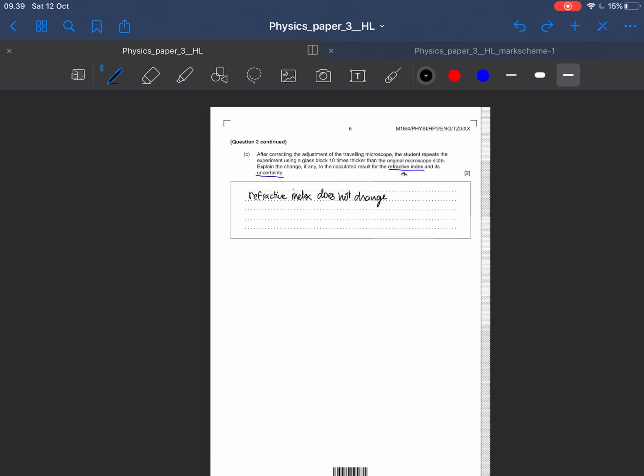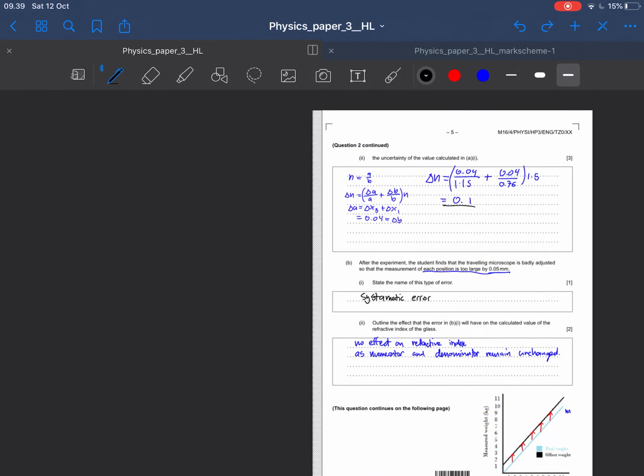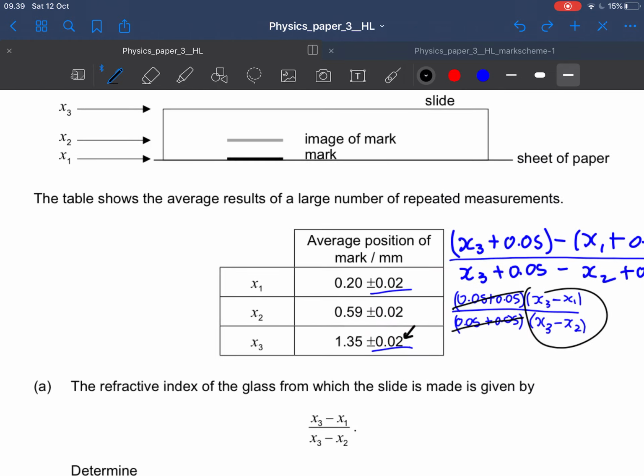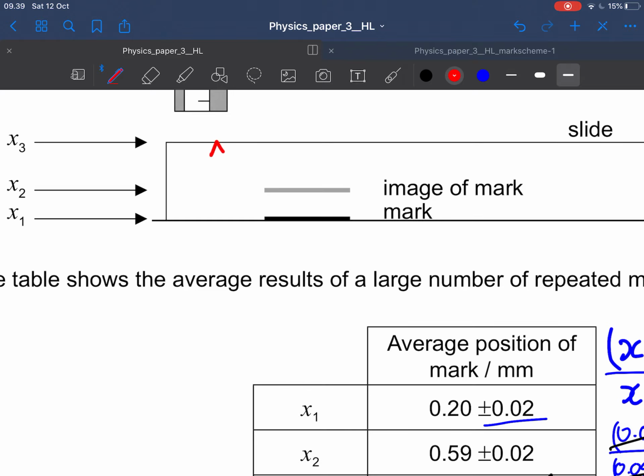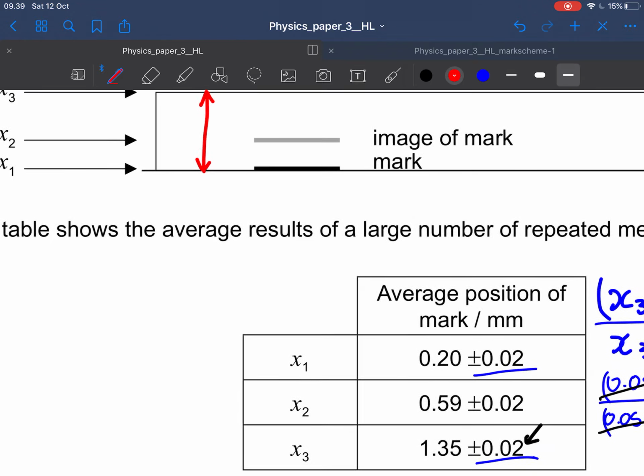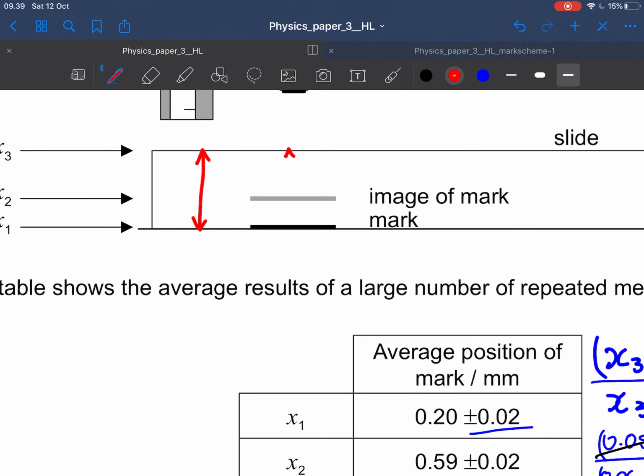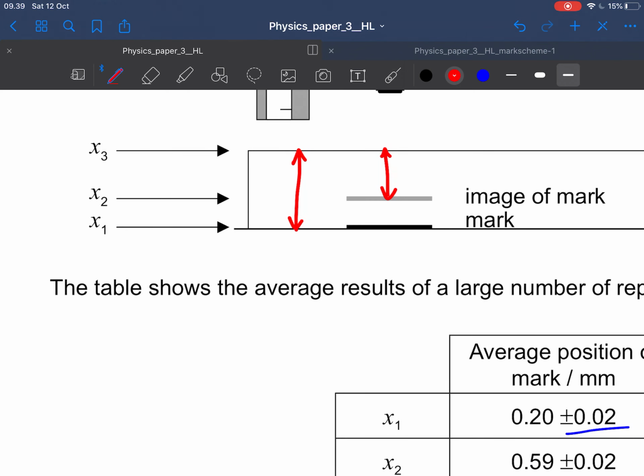Secondly, it also asks us to look at the uncertainty. Now, if we look here, what does x3 minus x1 correspond to? x3 minus x1 is essentially the width of this block. x3 minus x2 is essentially the width here, right?